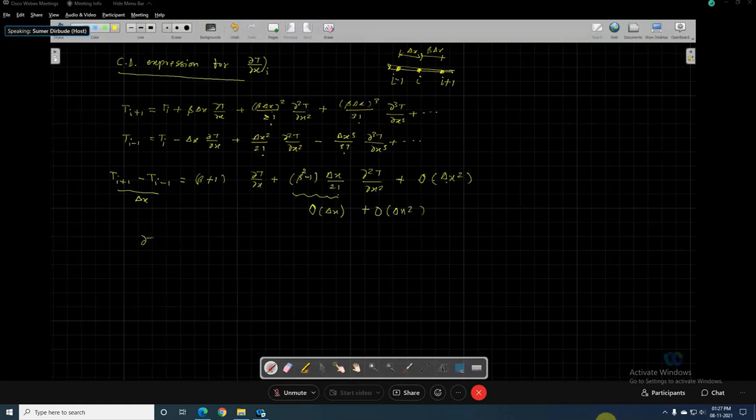And this expression del t del x is equal to Ti plus 1 minus Ti minus 1 divided by beta plus 1 delta x, minus beta square minus 1 delta x by 2 factorial del 2t del x2 plus order of delta x square.